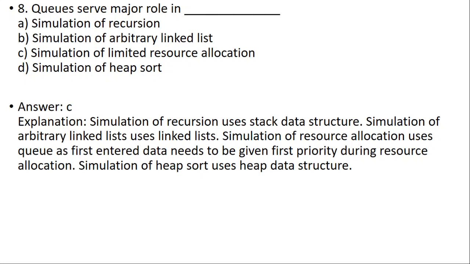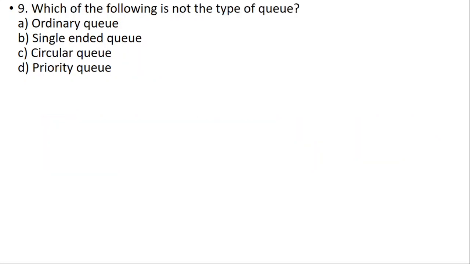Simulation of resource allocation uses the queues, as first entered data needs to be given the first priority during the resource allocation. Simulation of heap sort uses heap data structure. So the answer is C, simulation of limited resource allocation. That is the major role of queues.